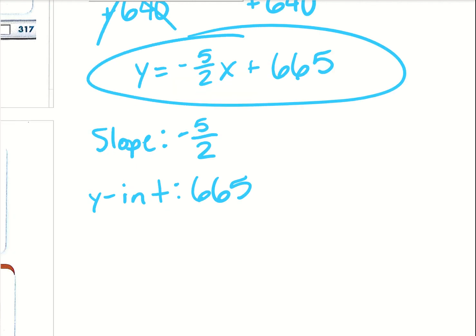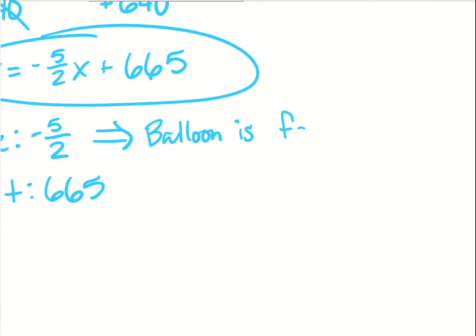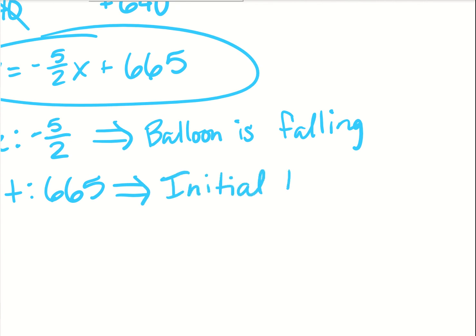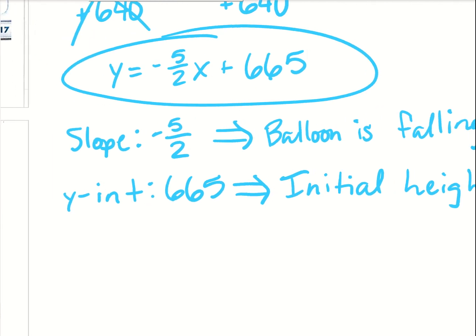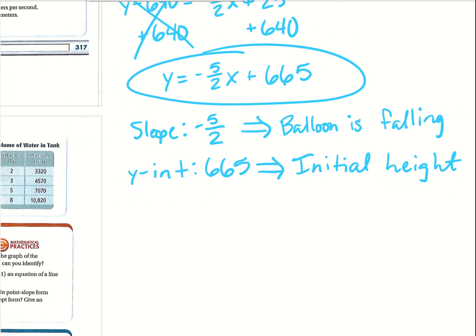What that means is that the slope is the rate that the hot air balloon is falling. So this is our rate of change. And then 665 is our initial balloon height. And that is what it's asking you to find when it says interpret those values.